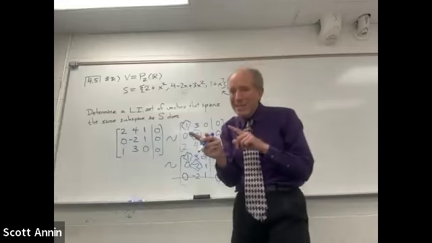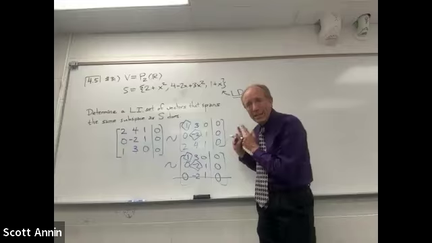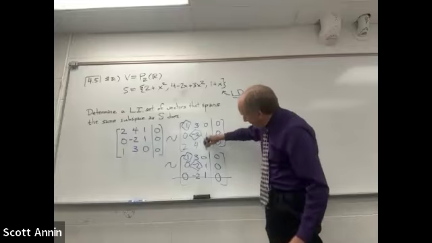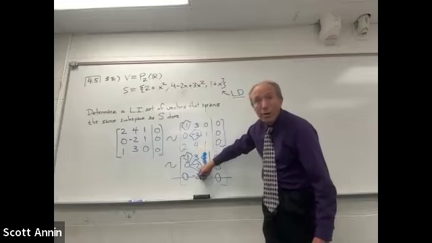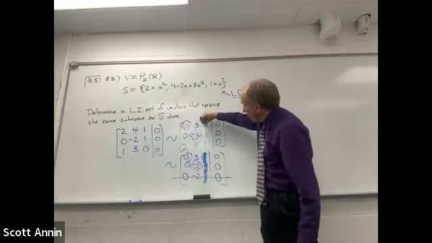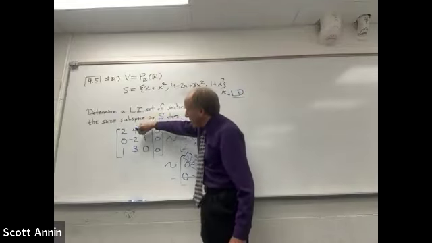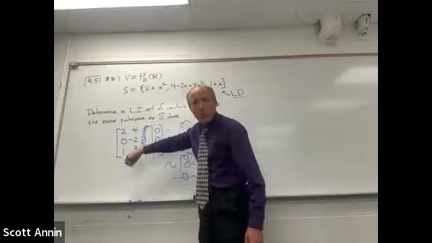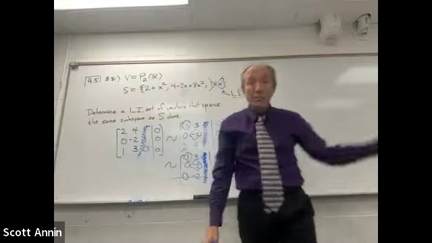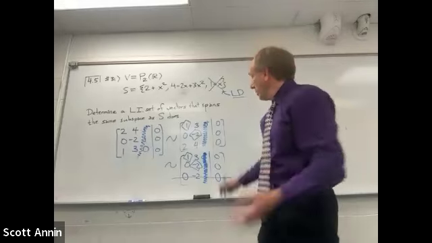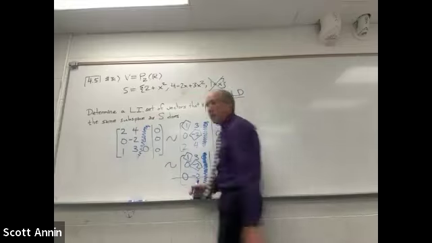If you watched my previous example, you should know how to do this example. If these vectors are LD the way they are now, then what I need to do is remove the vector that's causing all the trouble. The vector that's causing all the trouble here is the third vector. It's not always going to be the last vector that's causing the trouble, but in these 2 examples that we've just looked at, it's the last vector that we need to throw away. So we throw away that third vector, which is basically like getting rid of that third column.